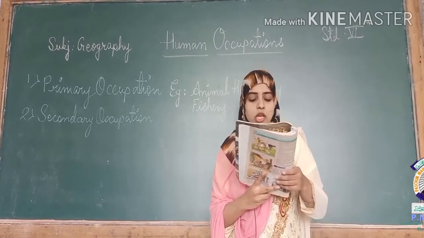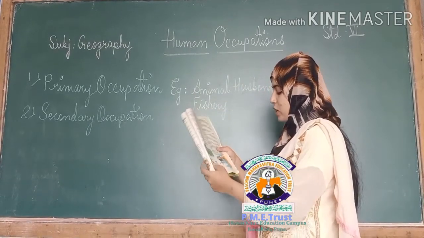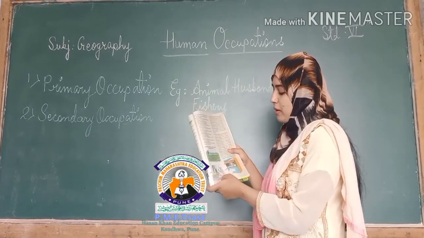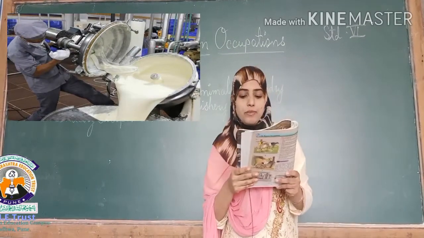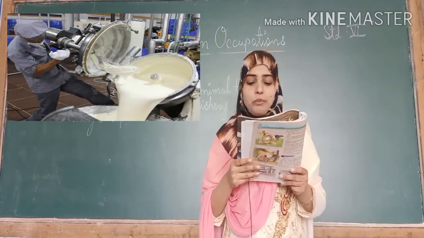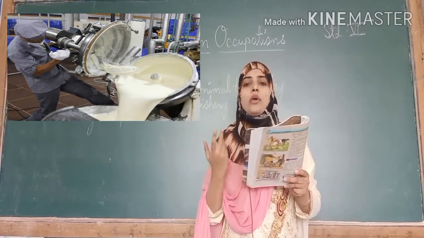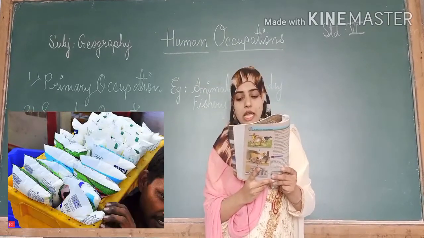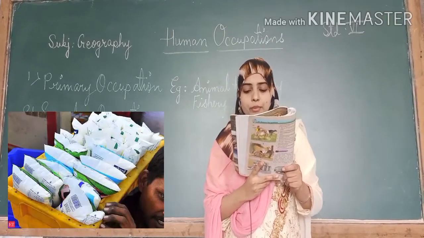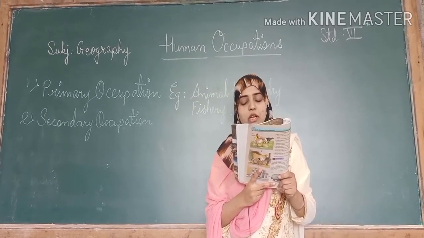Now see picture E. This picture shows the milk process, how milk is processed. In this picture, the milk is being processed after bringing it to the dairy. That is, the product obtained from nature is processed and made into different products.